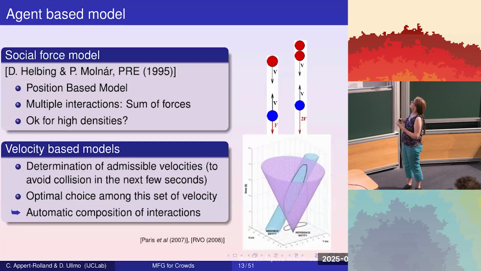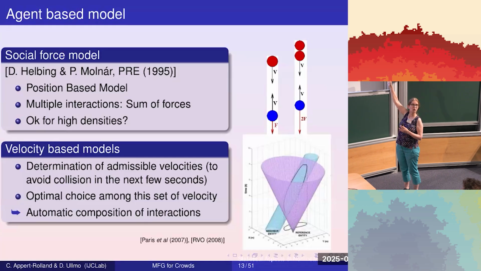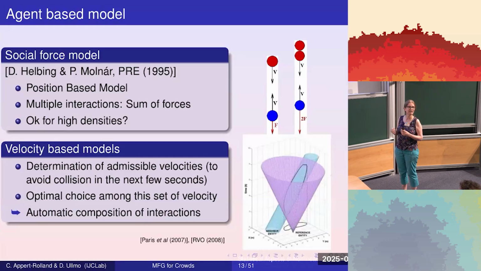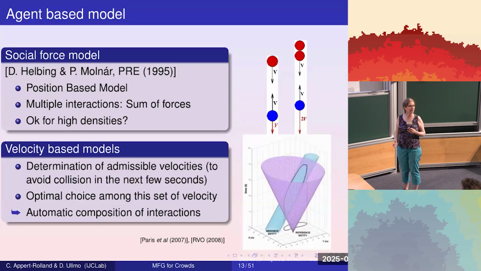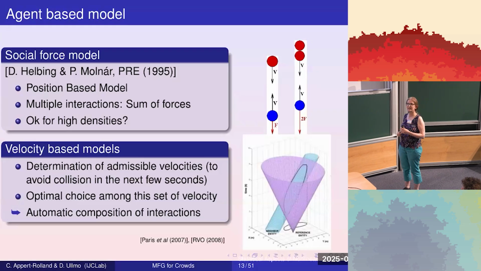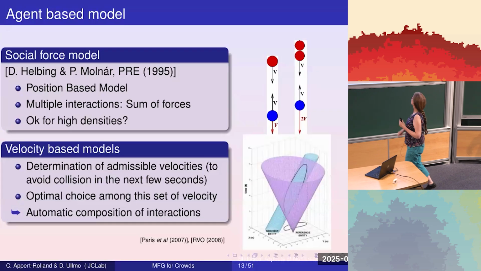Now if you double the number of red pedestrians, you know from your experience that avoiding 2 or 1 when the 2 are aligned is about the same work. But with the force formalism, you will double the reaction. So you see already that there is something wrong about combining interactions in this way.